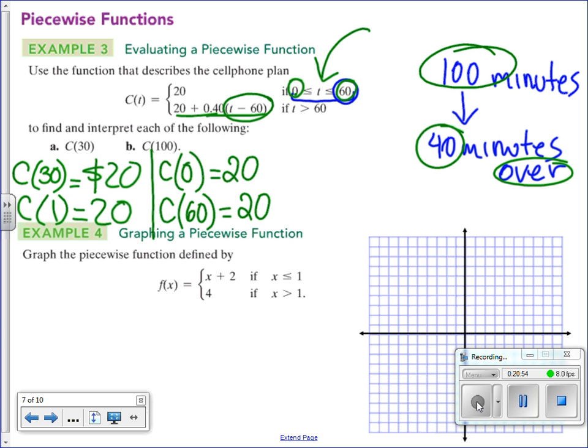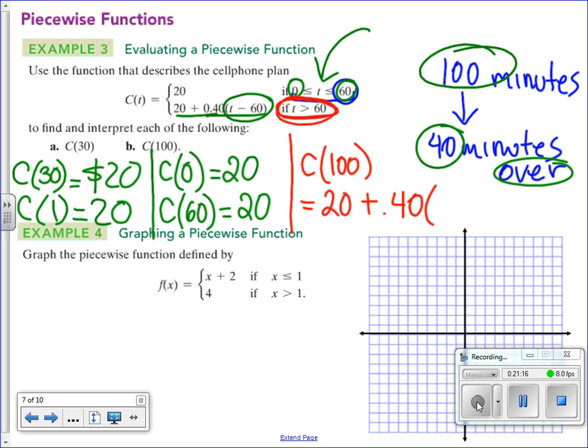Now let's see what Miguel is going to pay. And so Miguel, we already know we're at 100, it falls in this interval here, right? 100 is bigger than 60. So we will have 20 plus 0.40 times 100 minus 60.